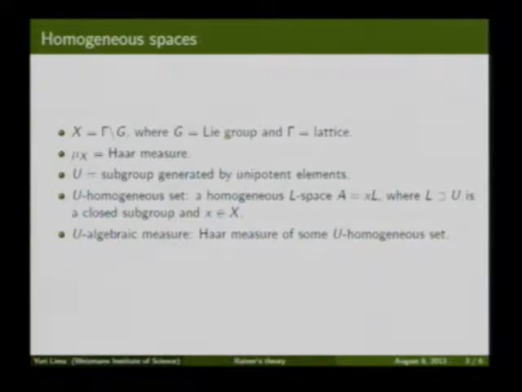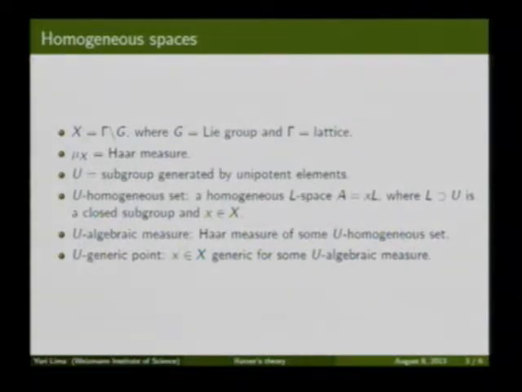Okay? So the third definition was of a U generic point. What does it mean to be U generic? It is a point which is generic in the sense that you have equidistribution with respect to some measure, and the measure is some U algebraic measure. Okay? So we have these three definitions.